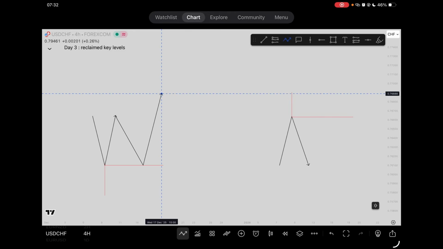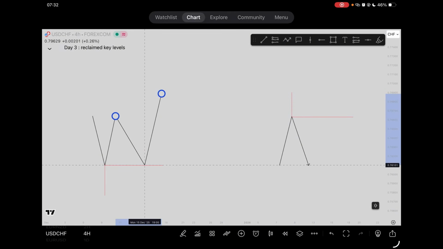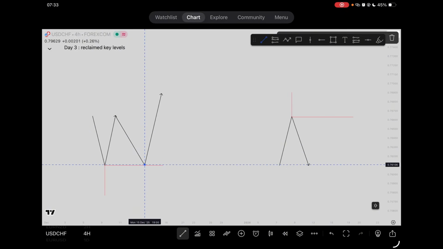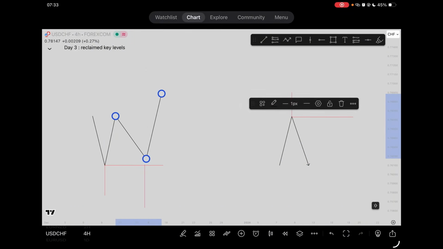But in some cases, price will come down to this key level, right? The key level is going to hold as a resistance, but firstly, price is going to wick through it and come down, right? But it will close inside this place. It will close inside it, right?